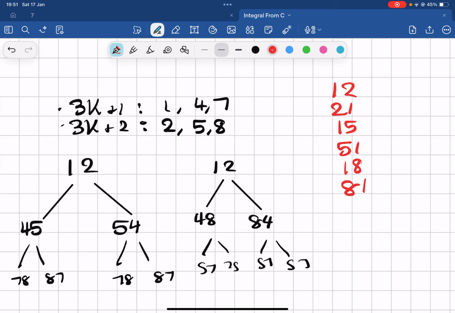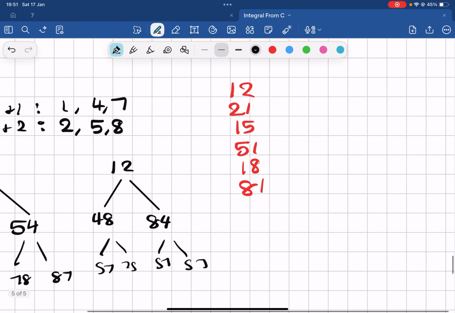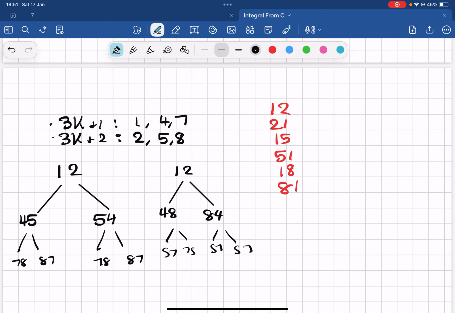Now we've only looked at numbers with 1, and I'll show you why. If we start with 12, we have 8 arrangements, and the same is true for 21, 15, 51, 18, and 81. If you add this up, this gives us 48. So just by using the number 1, we've got 48 possible ways.